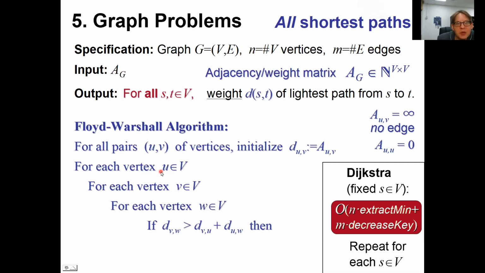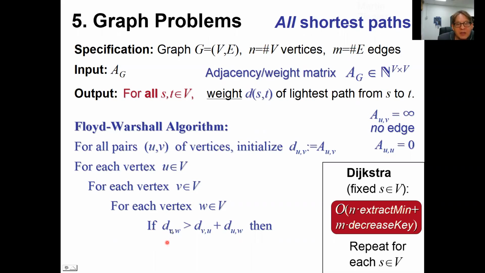Observe the important but subtle order of these loops, right? The algorithm does not consider paths from u to v via w, nor does it consider paths from u to w via v, but really what it considers is paths from v to w via u, although the order of the loops is kind of different.